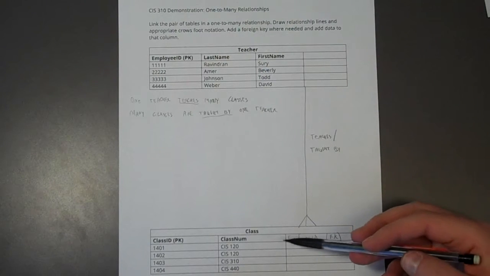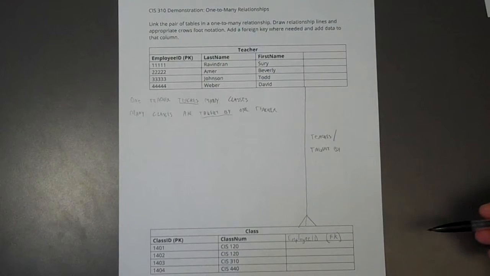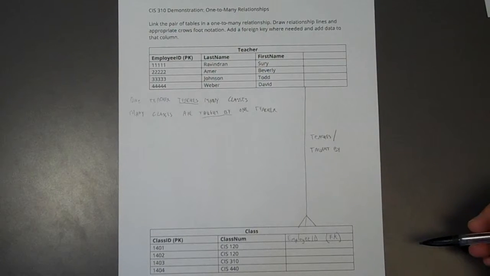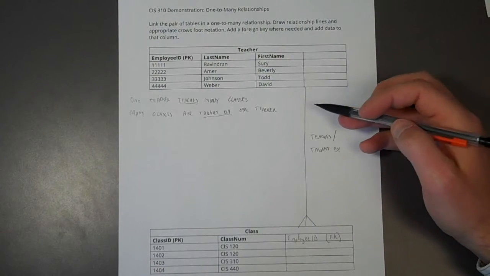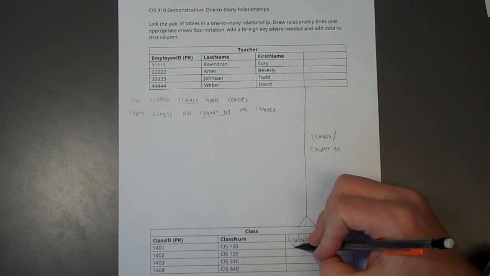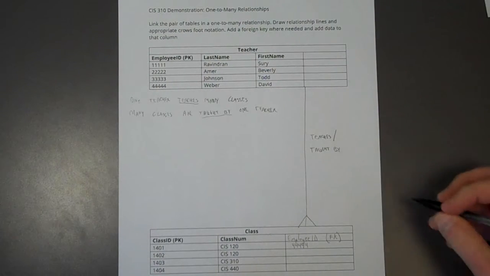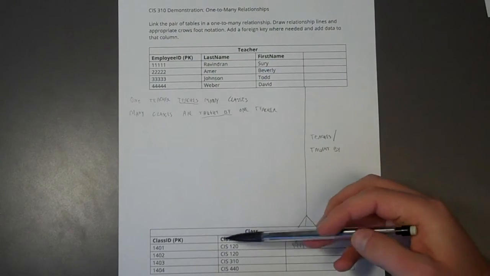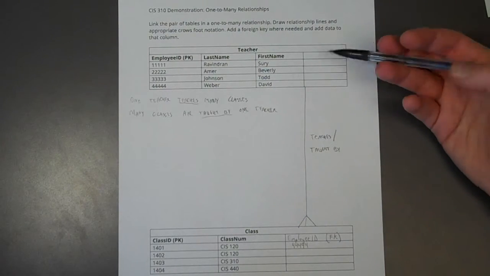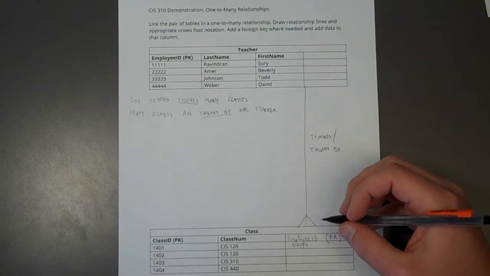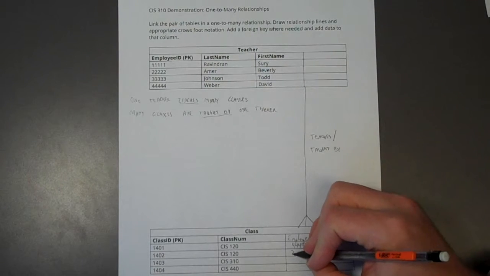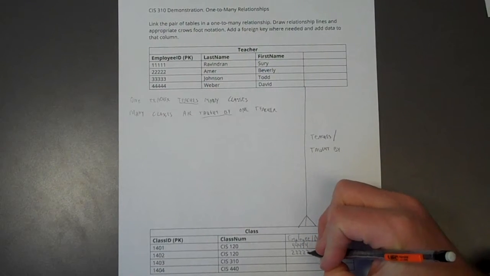So let's take a look at this first class, Class 1401. That's a section of CIS 120, and I teach that class, so I'm going to put my employee ID down here. And then we have another section of CIS 120, and Beverly Amer teaches sections of CIS 120, so let's say that she is teaching that section.